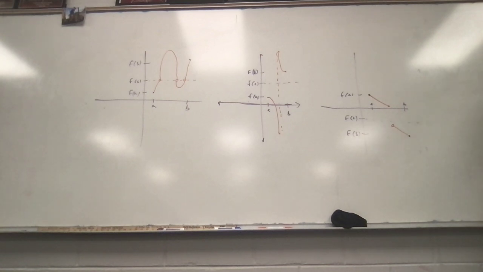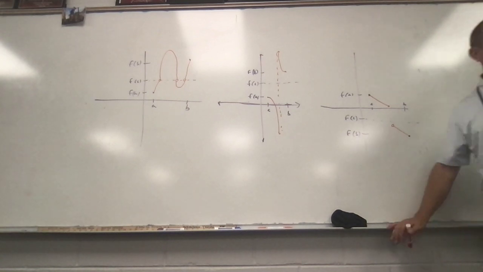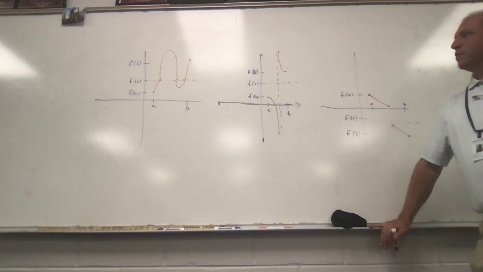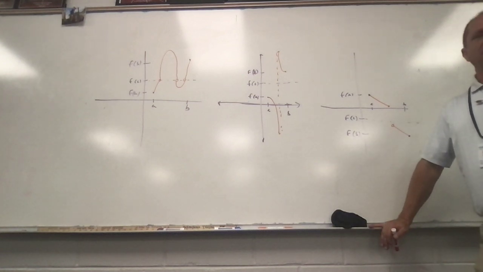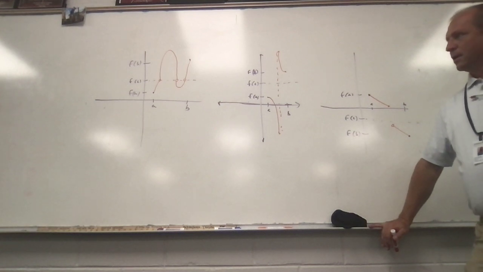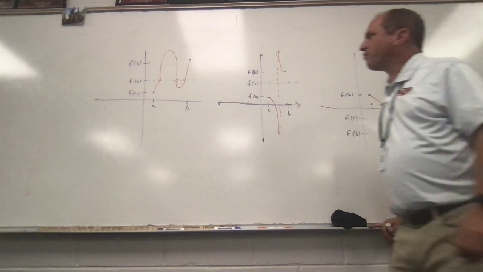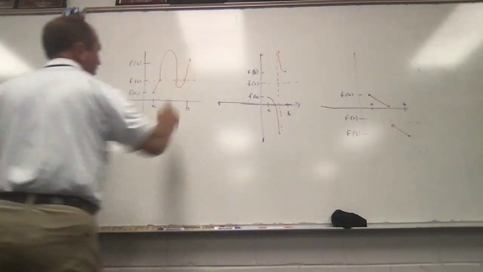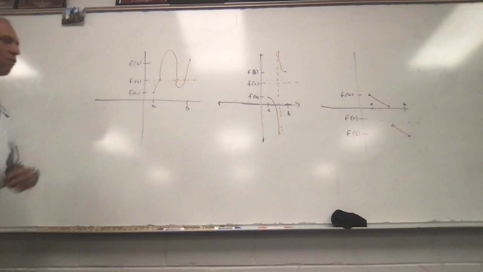You mentioned it quicker than what I wanted you to, but that's fine. If you see it, you see it. So what do those three things have in common? Discontinuities. The only way we were going to be able to get from f of a to f of b without crossing f of c was to have a discontinuity in there.